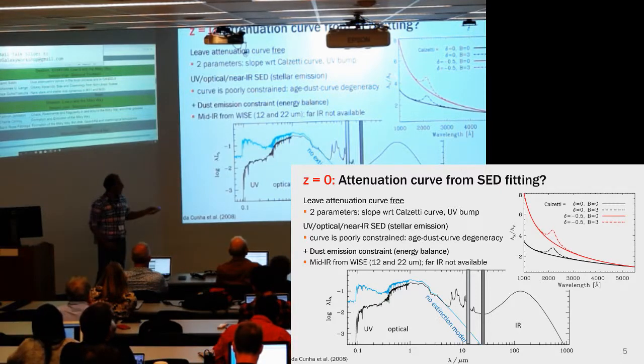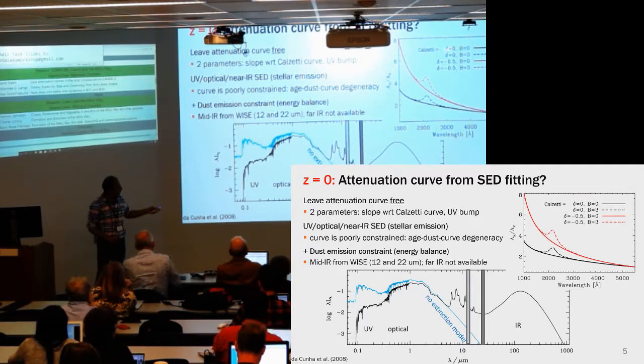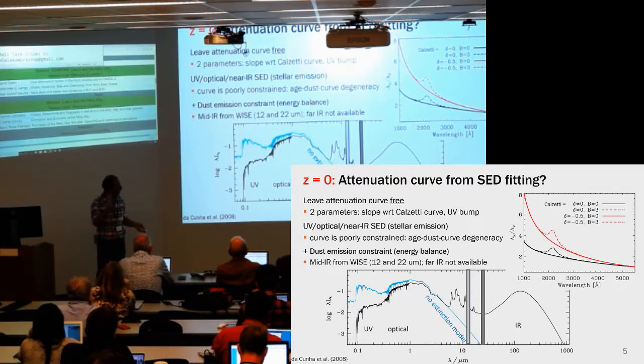And for the slope, a parameterization that is now quite popular is to take the Calzetti curve, which would have a slope difference of 0. So 0 means it is a Calzetti curve, no bump, okay? And then change the slope by a power law addition to it, which minus means it's steeper than the Calzetti curve, okay?